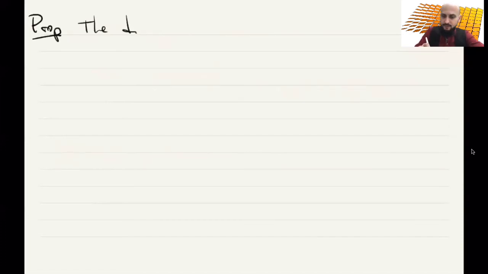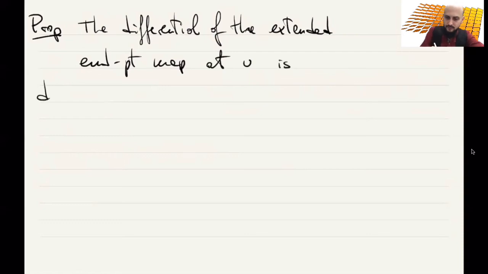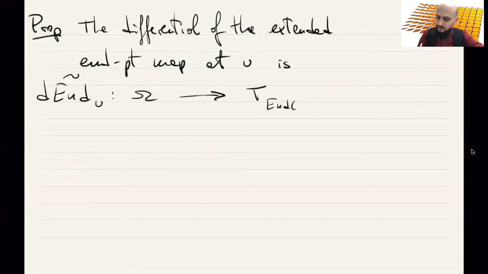So the differential of the extended endpoint map at a control u is the map that goes from omega into the tangent space at gamma u of G times R. Remember that omega is just L2, so it's a vector space.